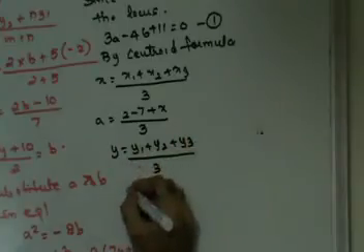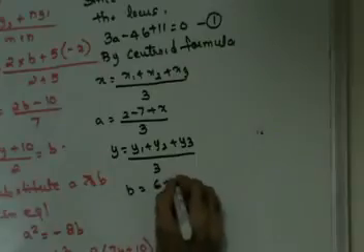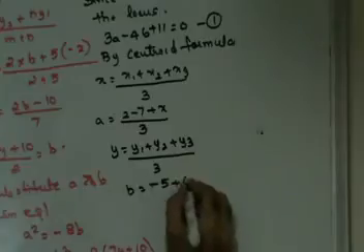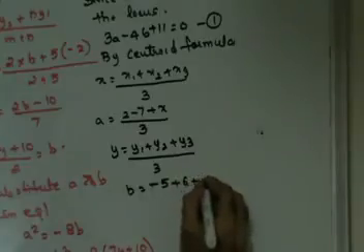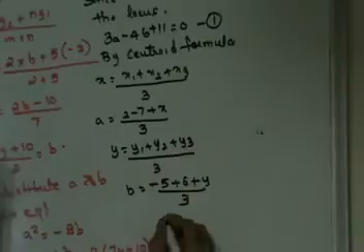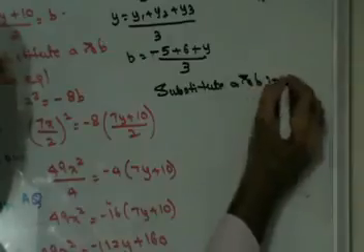So b is (minus 5 plus 6 plus y) upon 3. Now substitute the values of a and b in equation 1.